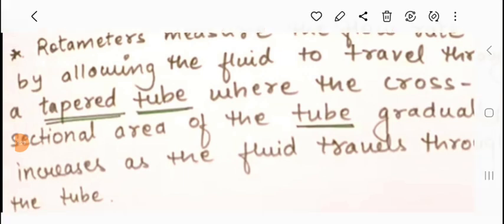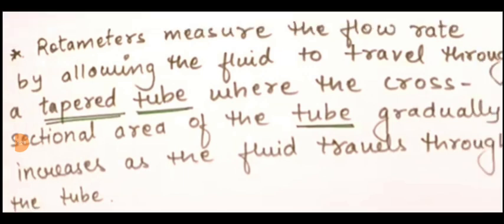The rotameter measures the flow rate by allowing the fluid to travel through a tapered tube. The description of the rotameter: it consists of a tapered tube, so we need to change the cross-sectional area.